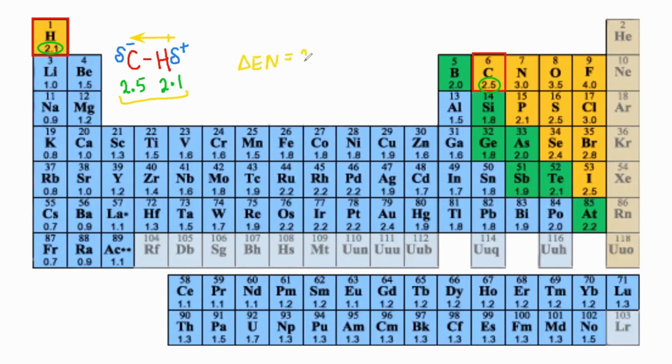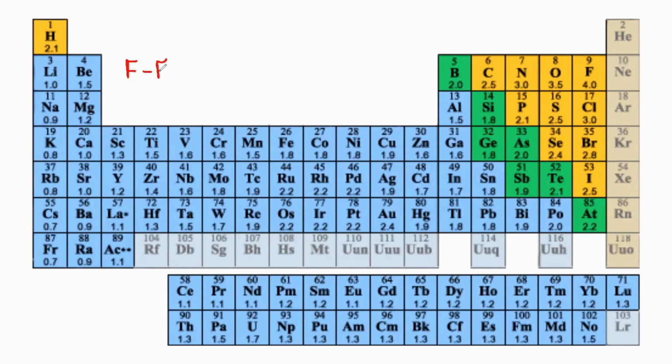If we take the difference between these two values, the answer is going to be 0.4. 0.4 is lower than 0.5, the value that I mentioned earlier about being polar. And because it's lower, this bond is going to be nonpolar.